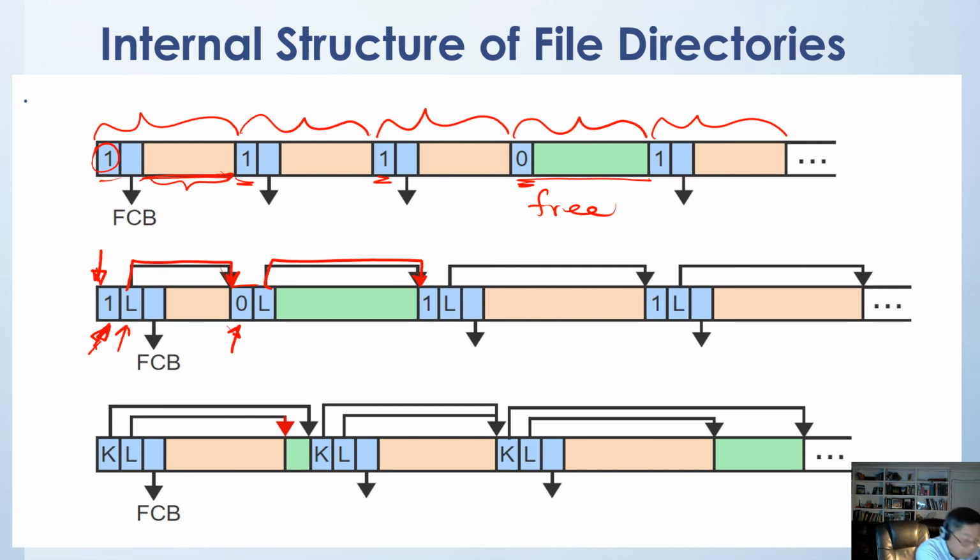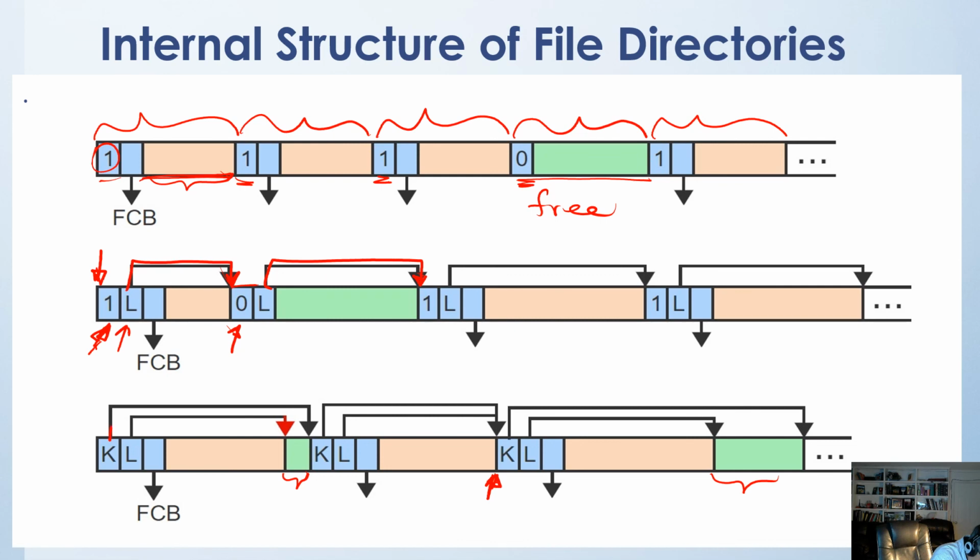Now the third approach: the directory is an array with variable length entries. Each entry contains a valid file name followed by a possibly empty hole. Here, at the end of the entry, it's an empty hole, but here, it's not empty. Each entry contains 2 pointers.